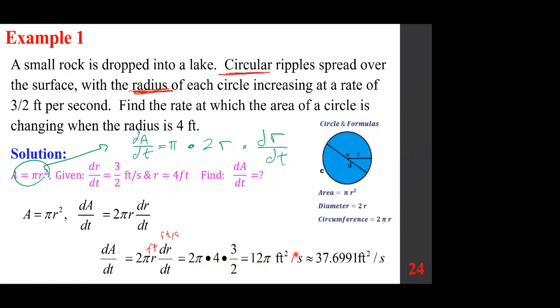So this is the precise answer, everybody. 12 pi square feet per second. If you want to go with decimals, you go with a bunch of decimals. So the answer is 12 pi square feet per second, or roughly about 37.6991 square feet per second.